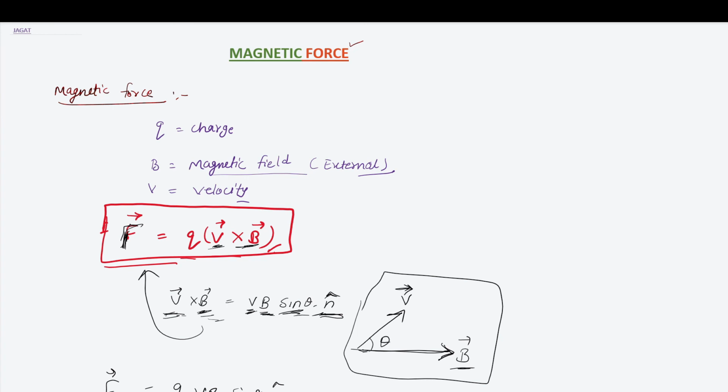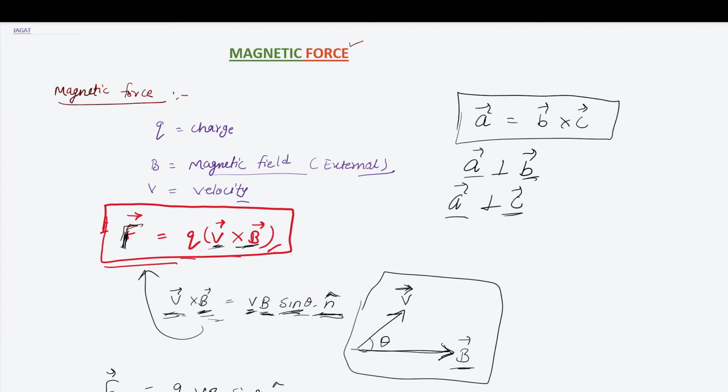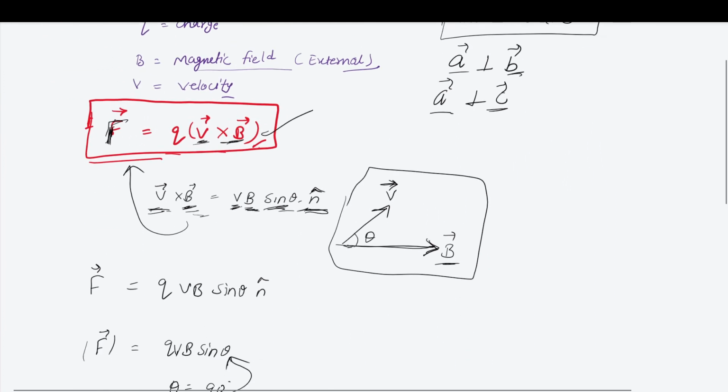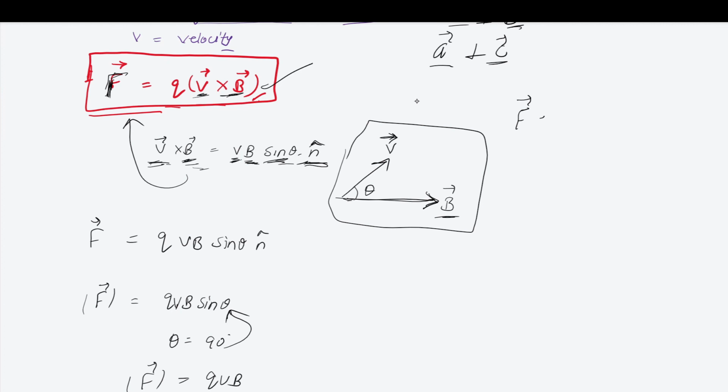So V cross B gives a vector which will be perpendicular to the plane containing vector V and vector B. As we know, if A is equal to B cross C, then vector A is perpendicular to both vector B and vector C. According to this concept, we can say that the force will be perpendicular to both the velocity vector and the magnetic field. So this will be the direction of the magnetic force.